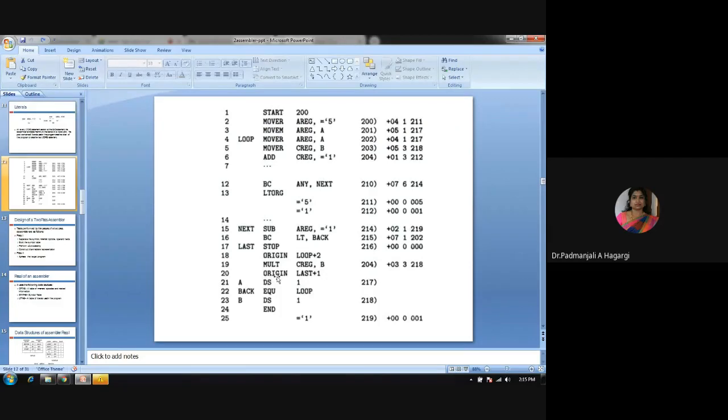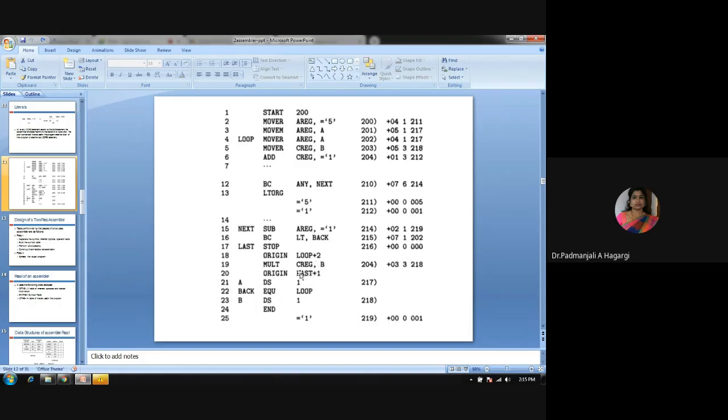Again here origin, with the instruction called last, and here so far last instruction was found at 260. Origin is again called back to find the location for the rest of the lines which are coming over here.